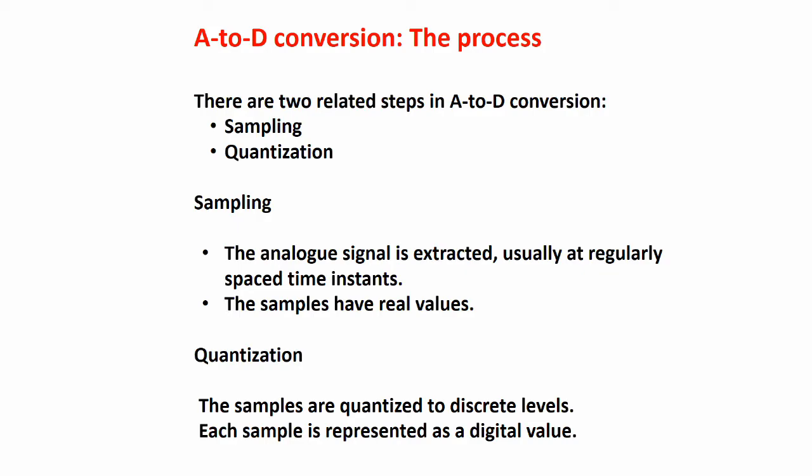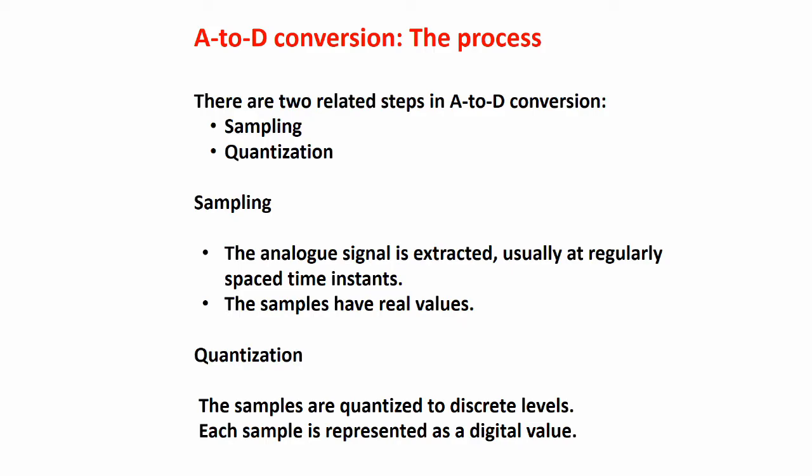If it is 3.4, we have to truncate it to 3. If it is 4.8, we have to round it to 5. So this is what is called quantization, and in quantization there is an error in the form of truncation, and that is called quantization error.